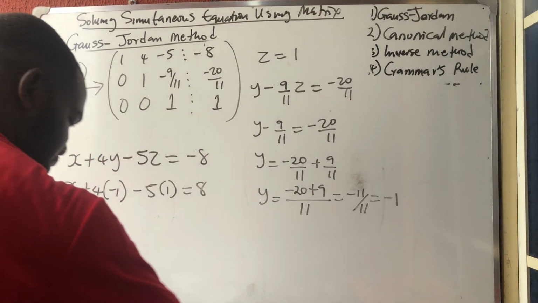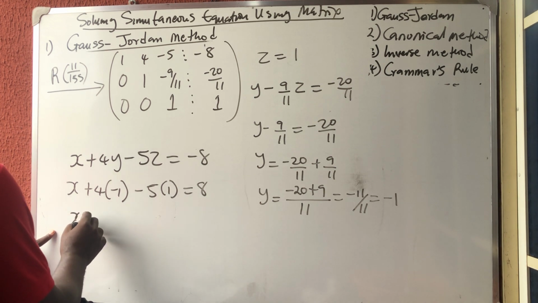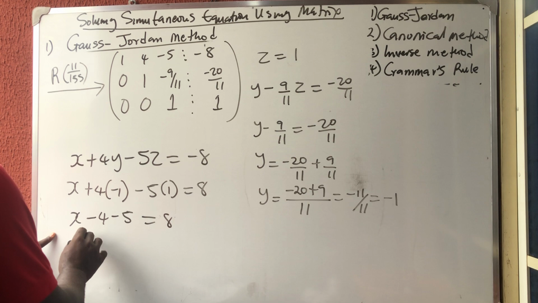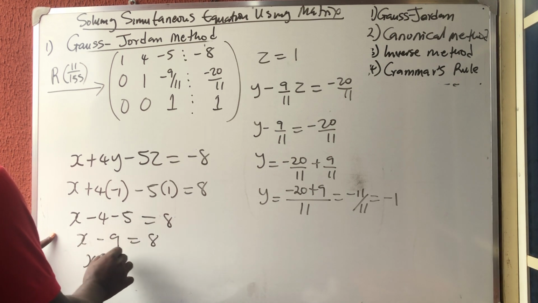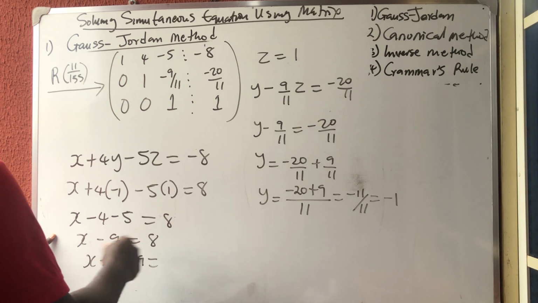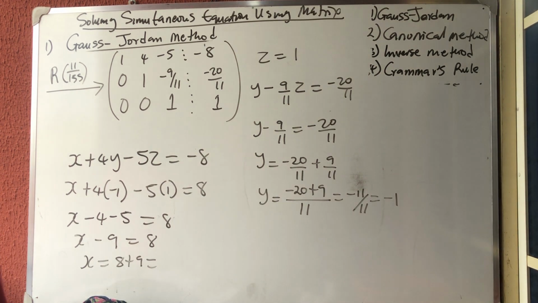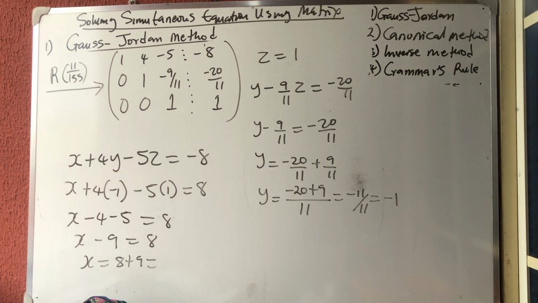This is x minus 4 minus 5 is equal to minus 8. That is x minus 9 is equal to minus 8. So therefore x is equal to minus 8 plus 9. My y is minus 1.